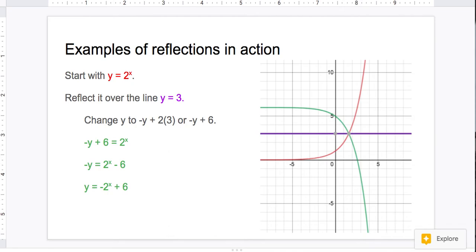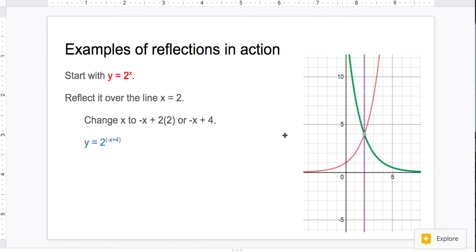Well, we know that we're going to change y, because y equals 3 is going to be a vertical reflection, so I'm going to change y to negative y plus 2 times the line. So I'm going to change it to negative y plus 6. All right, so I subtract 6. Now when I divide by negative 1, that becomes negative 2 to the x. That becomes plus 6. And there it is.